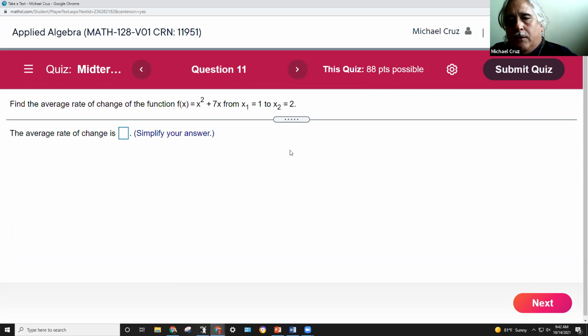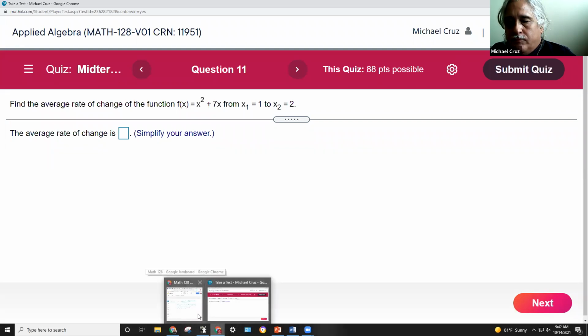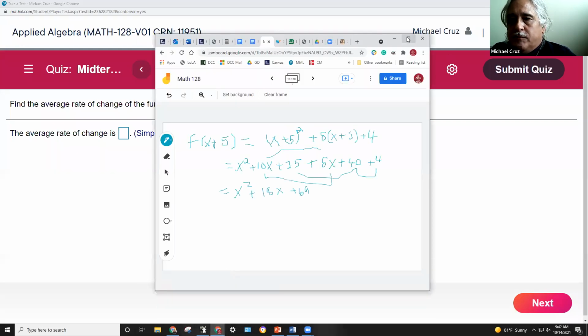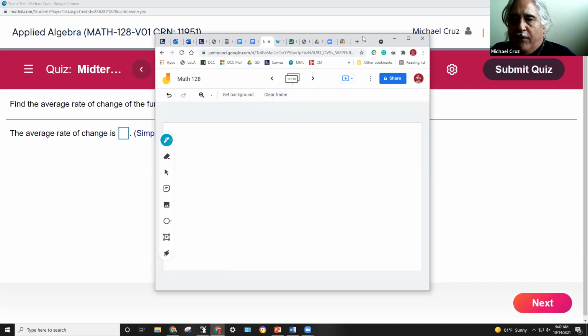All right. How about average rate of change? This is just slope. In case you're not familiar with it, because it is a bit of a strange problem, you've got to find the f of x values.